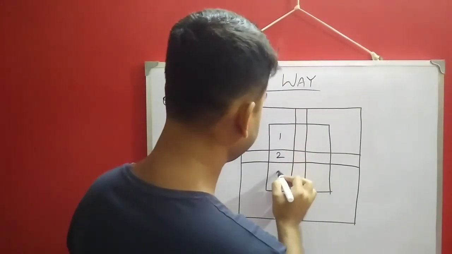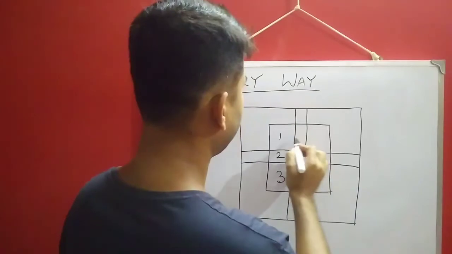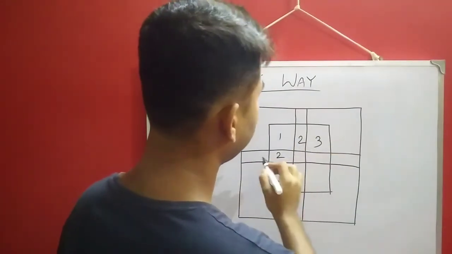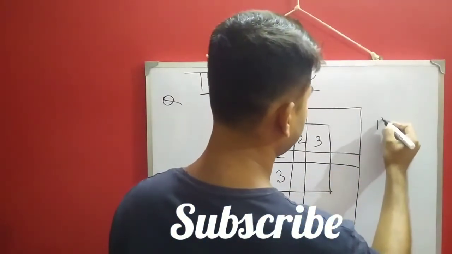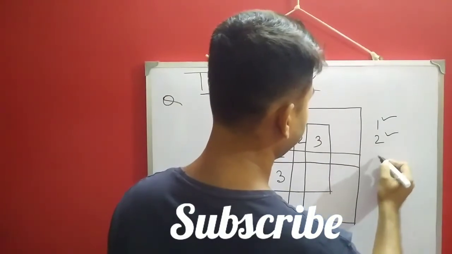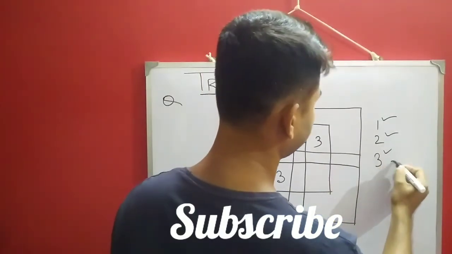So 1, 2, 3, and 1, 2, 3. So 1 square, 2 squares, 3 squares.